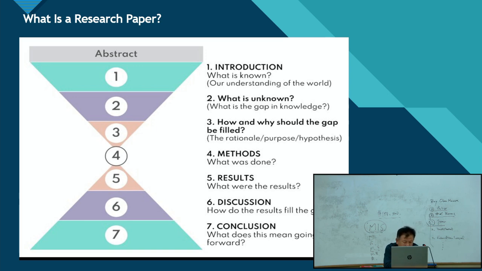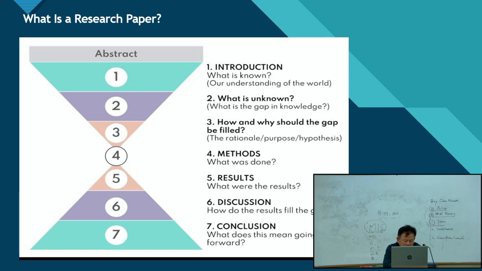And the second level is what is unknown. It means what is the gap in knowledge, or what is your term between known and unknown. This is what is unknown. And also the body shows how and why the gap should be filled. It means rationale, purpose, hypothesis. These things are examples of analysis.